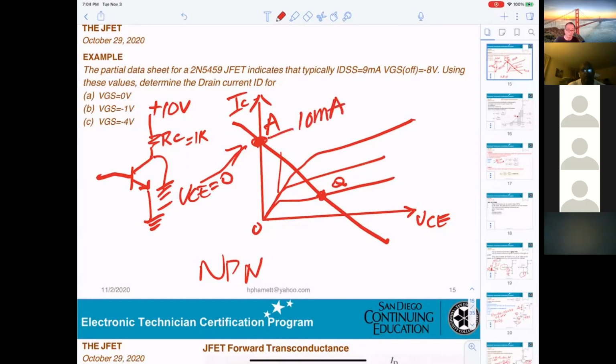That's the first point. And now you need a second point B, so you can draw the line. So what does point B equal? VCE?